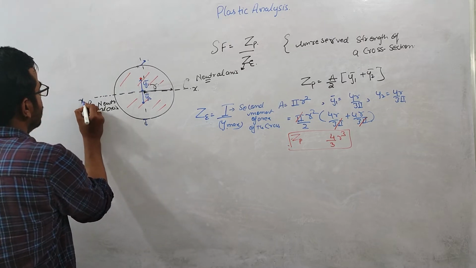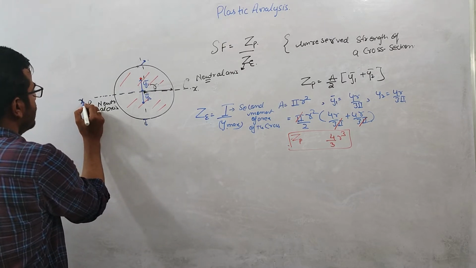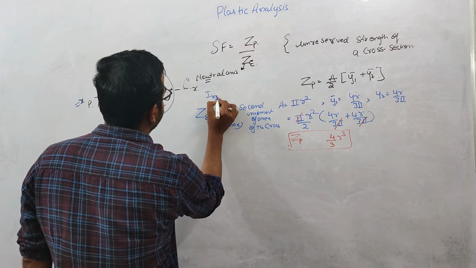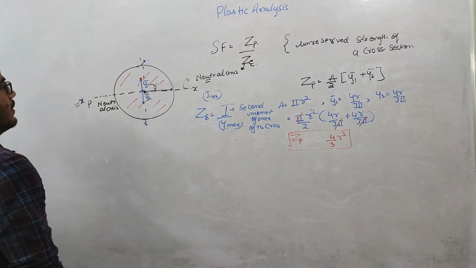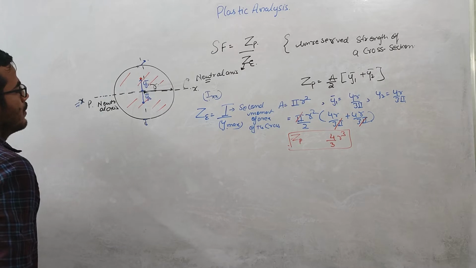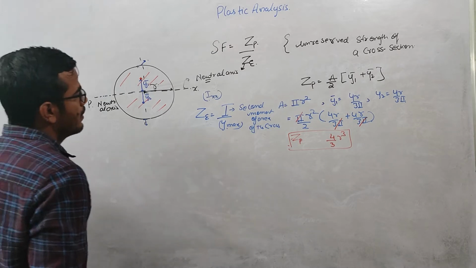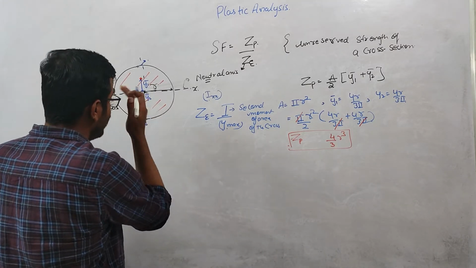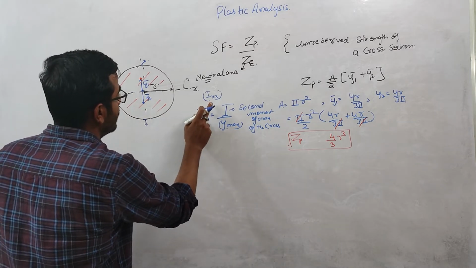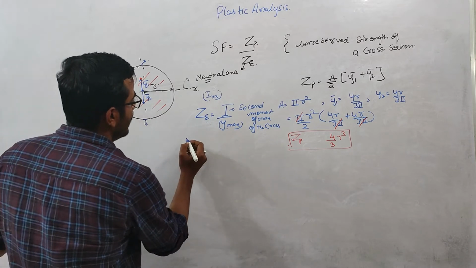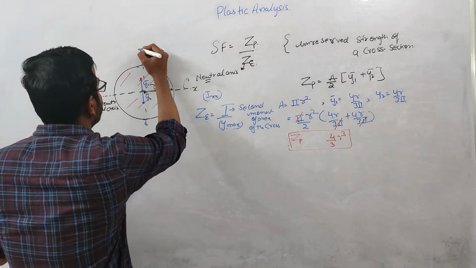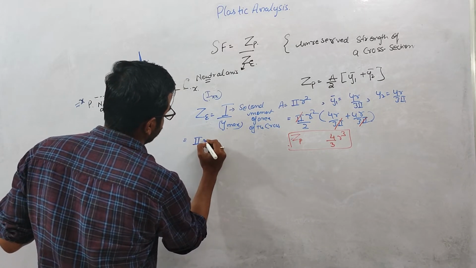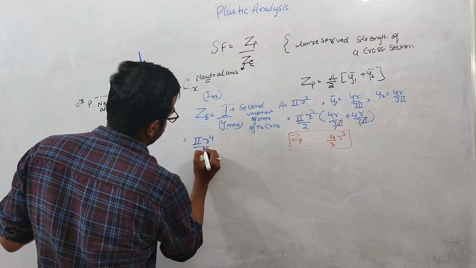I will denote the moment of inertia, or second moment of area, by Ixx. The second moment of area about this x-axis, assuming the load is acting like this, will be pi r4 over 4.